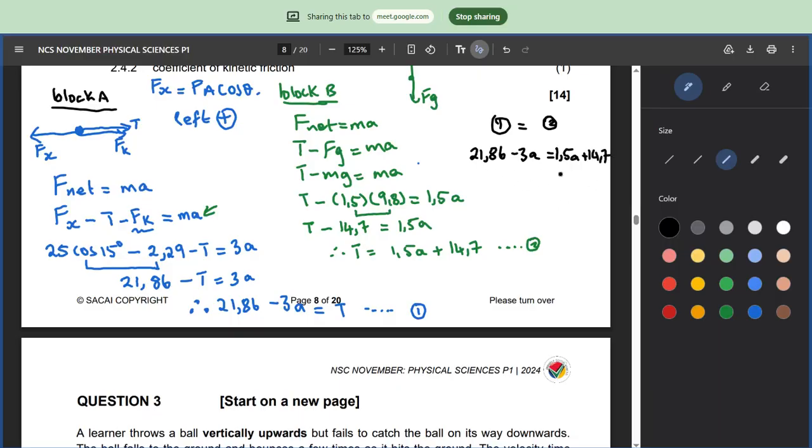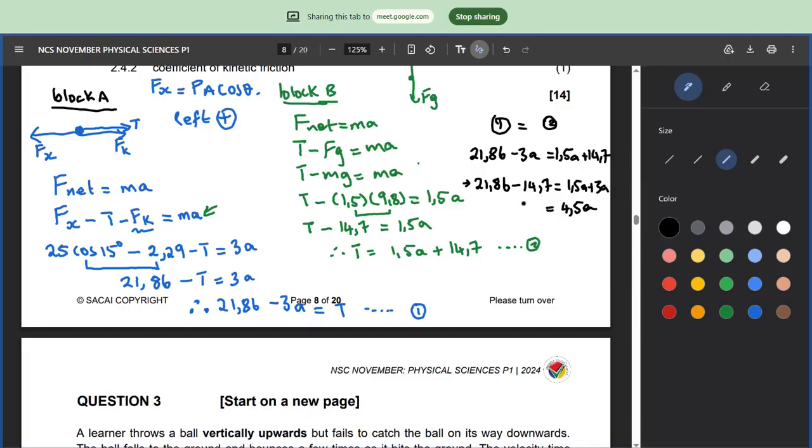Then let's solve for that acceleration. So this is the same as 21.86. Then you bring the 14.7 this side to be negative. On the other side, I have 1.5A. Then you add 3A, which is 4.5A.